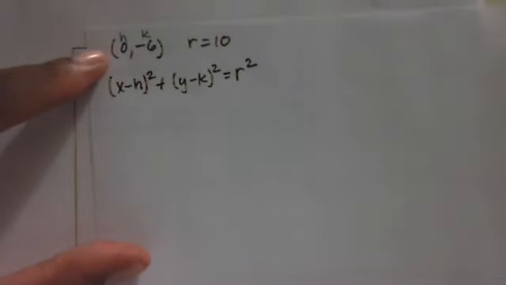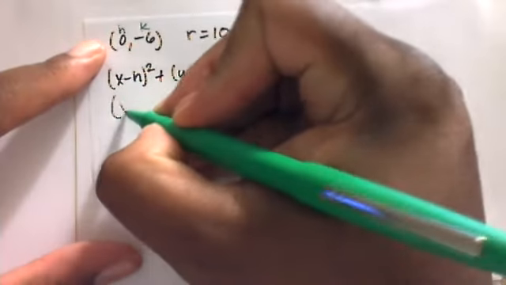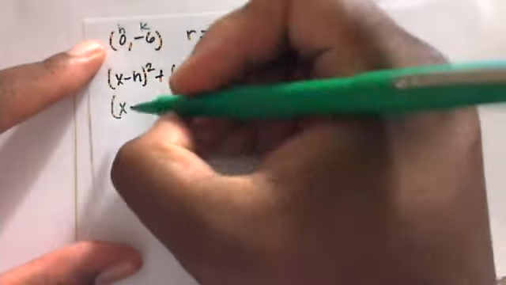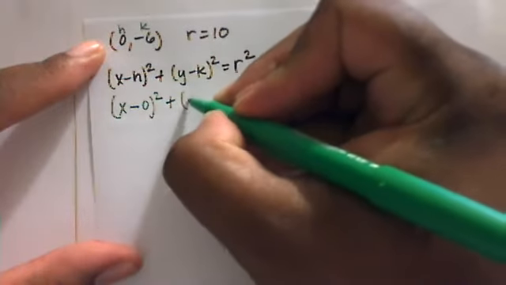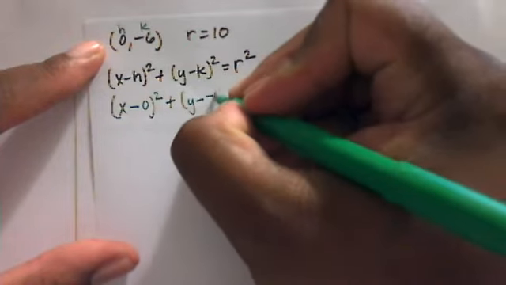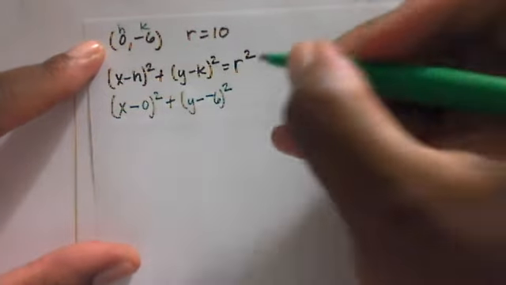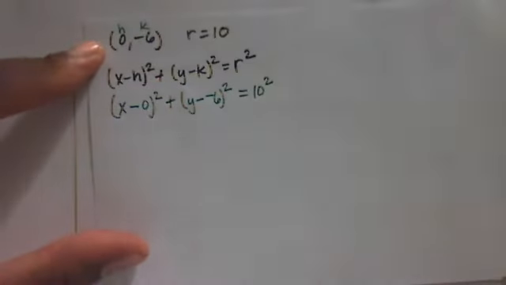And r is going to be 10. So here we have x minus h, which is x minus 0 squared, and then y minus k, which is y minus negative 6, squared, is equal to r, which is 10, squared.